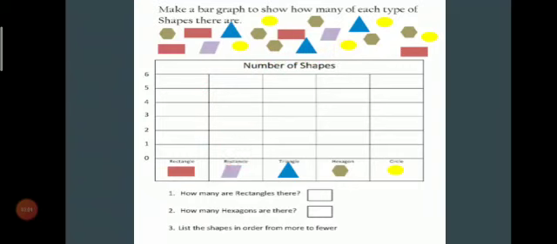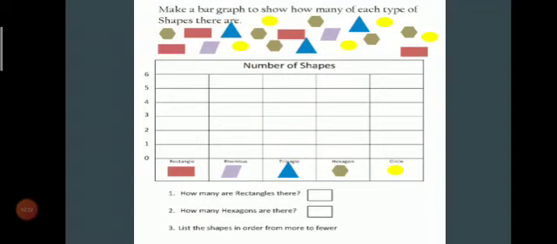Color the two boxes for the rhombus. Then it means you are making a vertical bar graph with the help of counting, with the help of the data. Triangles, third one, 1, 2, 3. It means you will color 1, 2, 3 boxes.